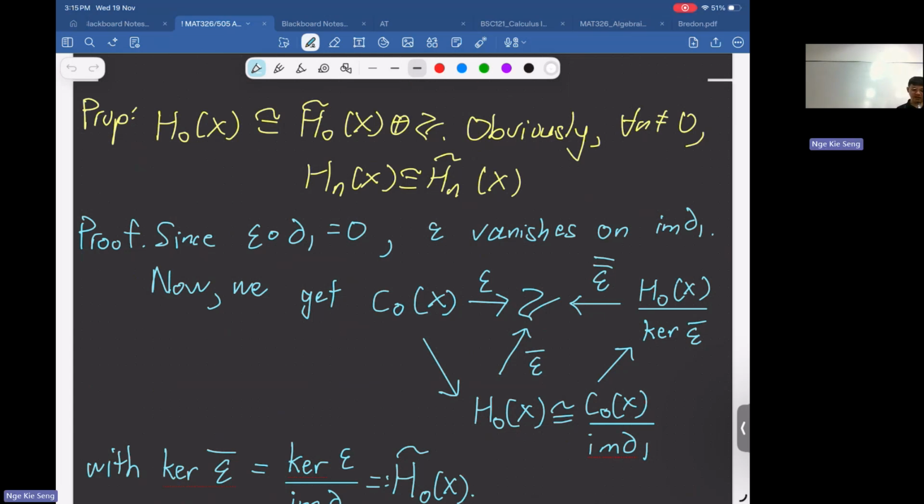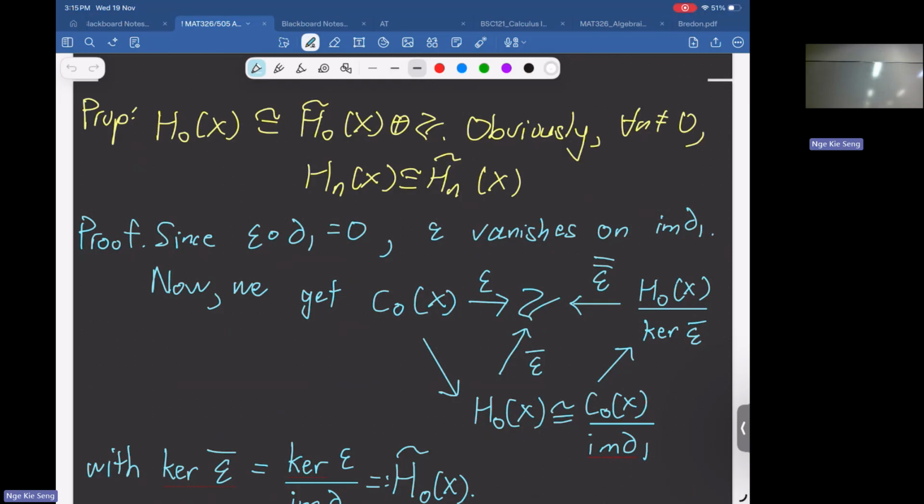And then yeah, so the point here is that if X is not path connected, then the kernel of epsilon might not be the image of delta one. So meaning H0 of X has not been cut enough, because the image of delta one is inside the kernel of epsilon.